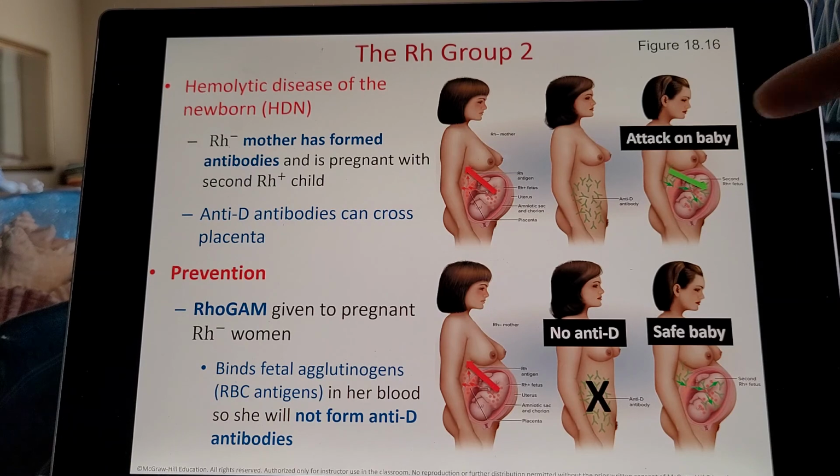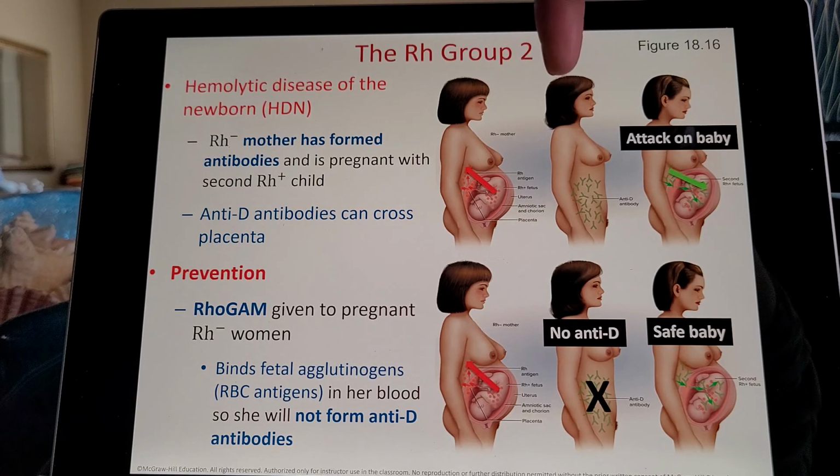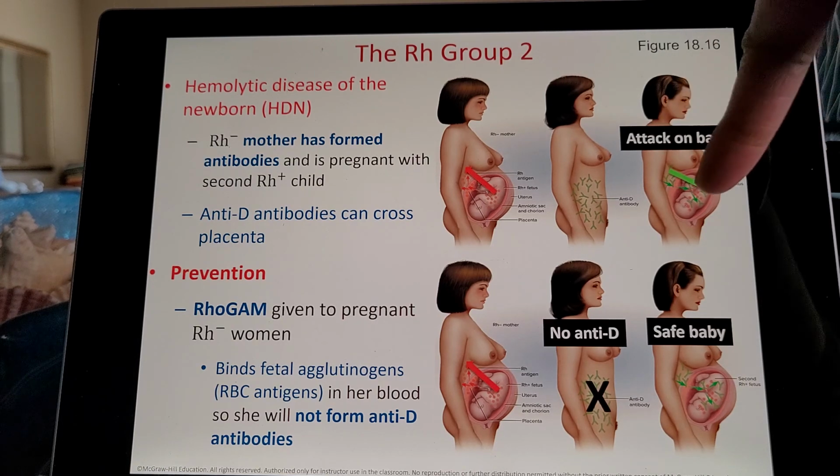So up top, here we have the mother who has now been exposed to an RH positive baby, so her body creates antibodies, or agglutinins, against the RH factor. The next time she gets pregnant with a, of course, same blood type baby, the antibody she created here will now attack the baby.